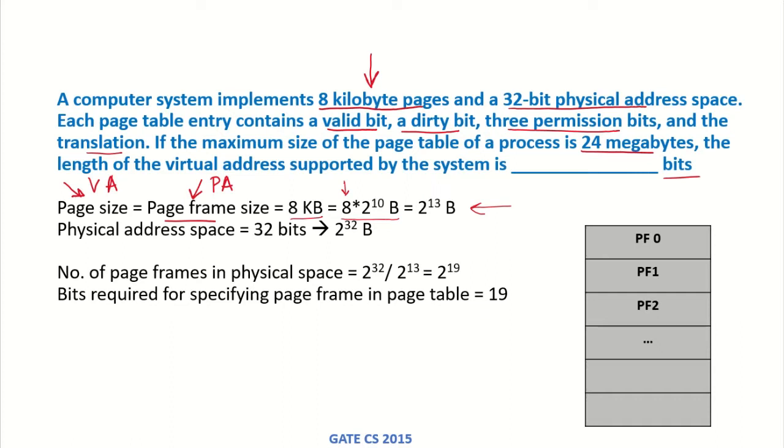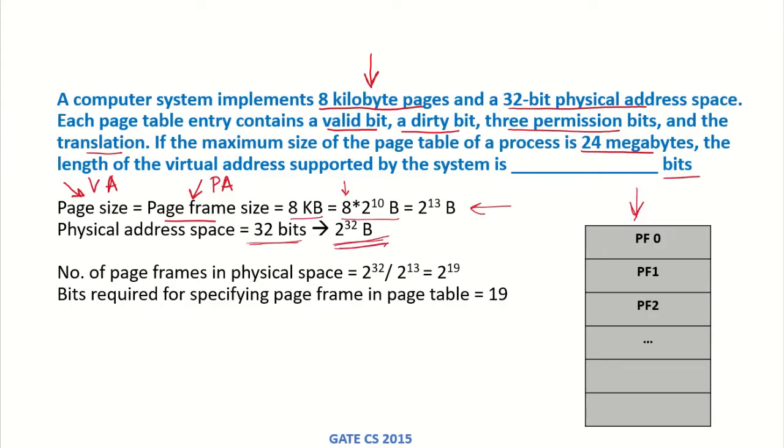So if the physical address is specified by 32 bits, that means the physical address space available to us, the RAM or main memory that we have, is 2 to the power of 32 bytes.